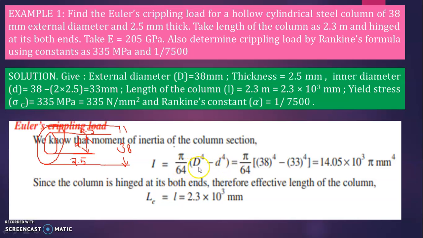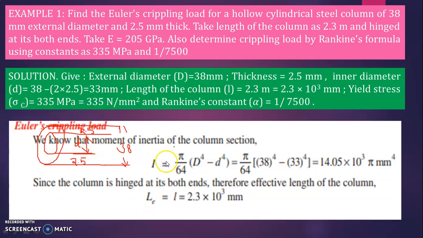Substituting 38 and 33, pi divided by 64 into 38 to the power 4 minus 33 to the power 4. Simplifying, you get 14.05 into 10 raised to 3 pi mm4 moment of inertia.